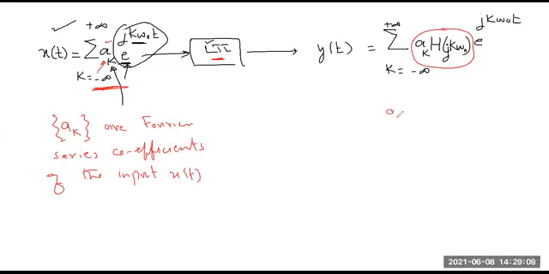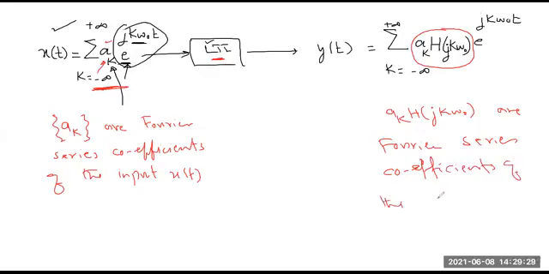And I will say ak multiplied with the frequency response at k omega naught are Fourier series coefficients of the output y of t. So the input fundamental frequency is omega naught. The output fundamental frequency will also be omega naught.